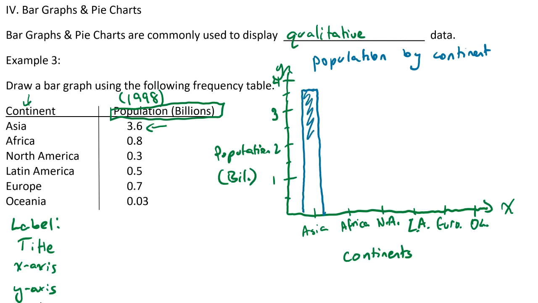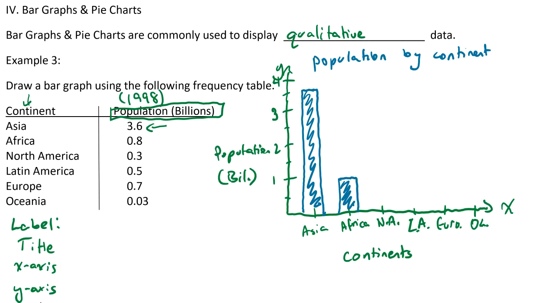There's our Asia bar. For Africa, we're going to do the same thing. So for Africa, it goes up to 0.8, which is going to be just below 1. And there we go.